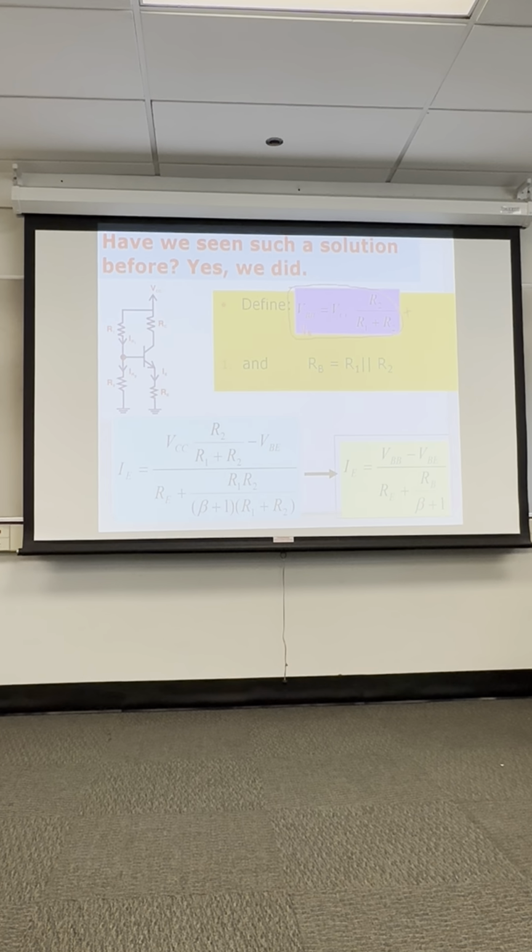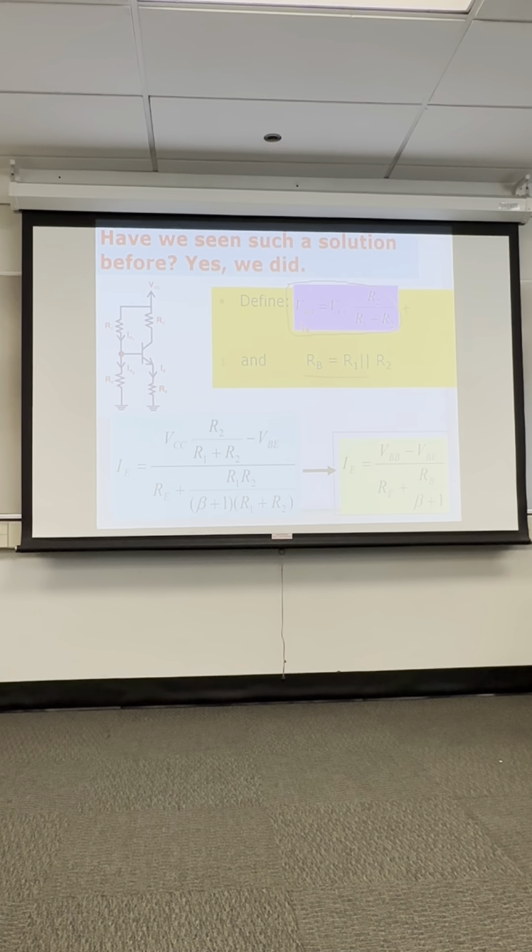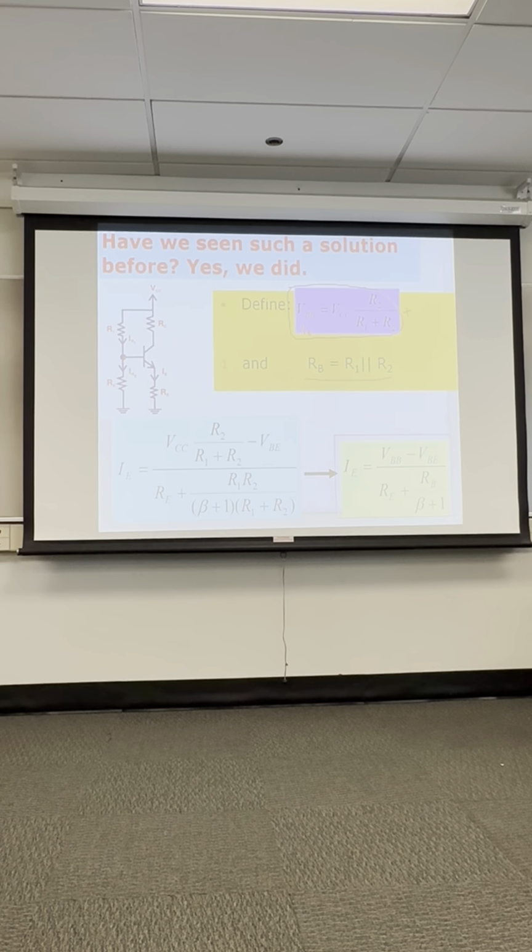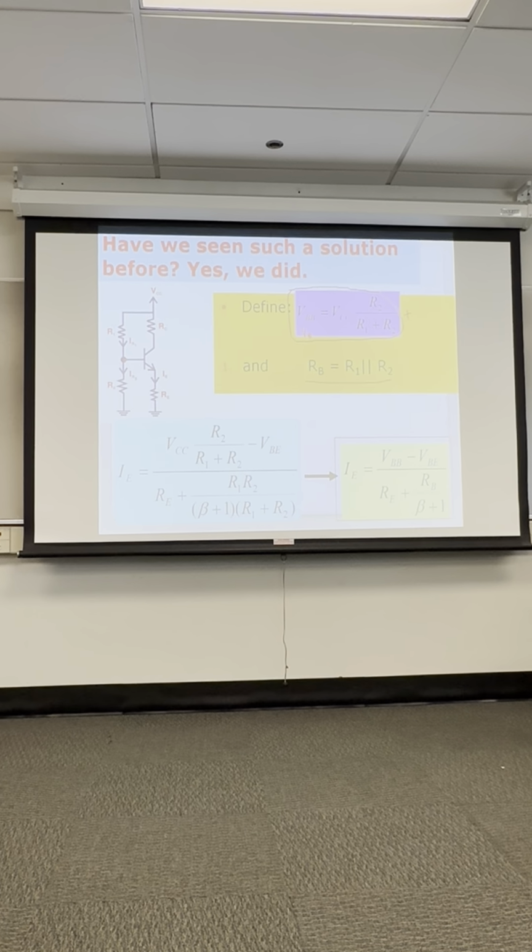And then R sub B is R1 in parallel with R sub 2. And how do we get this equation? It just says it's in parallel with. How are they in parallel? This is actually an AC, alternating current, equation.